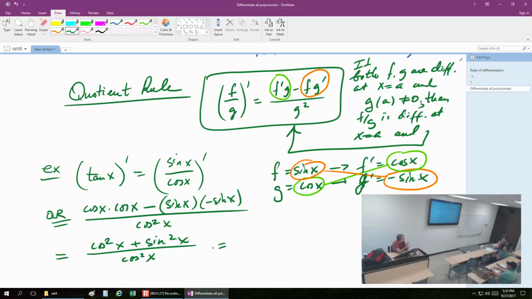But what I'm asking you to remember is the very simplest, the very first trigonometric formula that simplifies things for the numerator. Doesn't cosine squared x plus sine squared x equal 1? Yes. And what's the name of that result? Cosine squared plus sine squared is equal to 1.